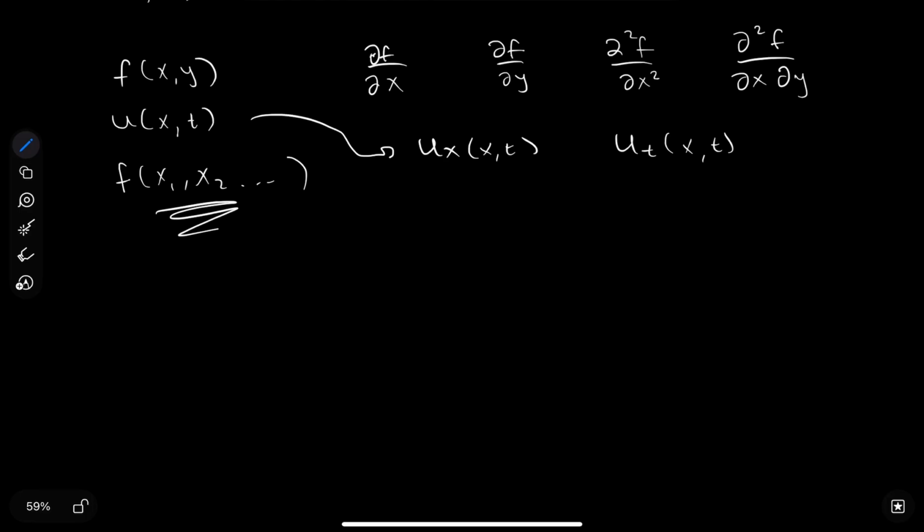Additionally, you could do u with respect to x twice. So that's the second partial derivative. Second with respect to t. And then you can also mix it up and do x then t or t then x. You get the point.